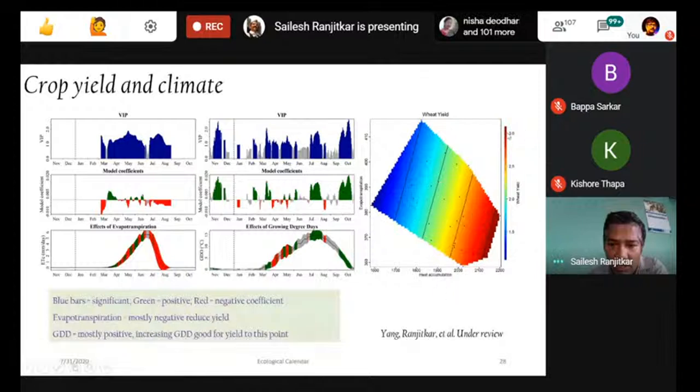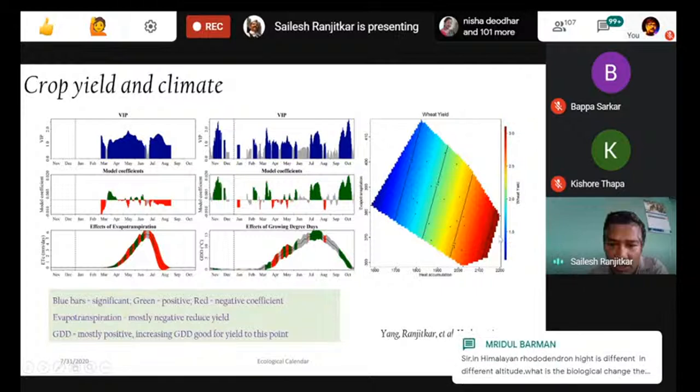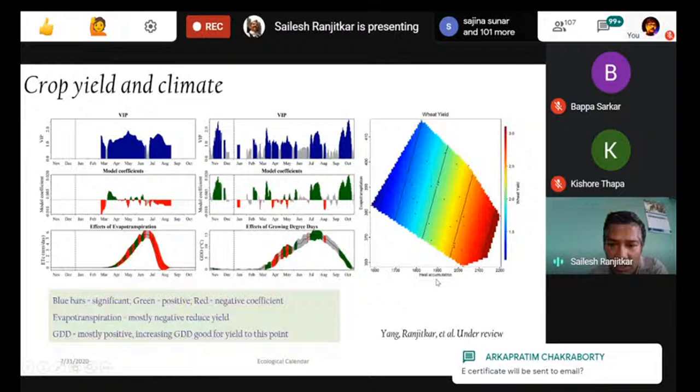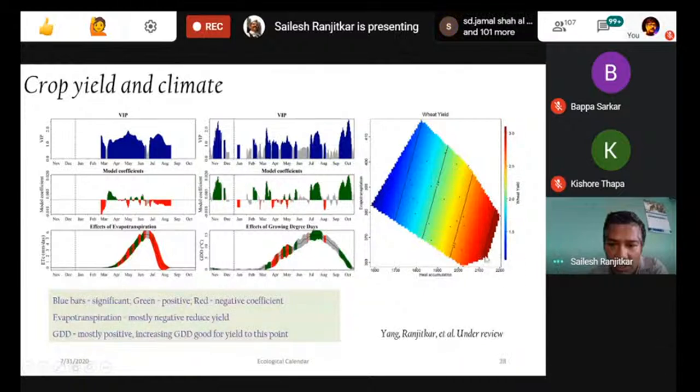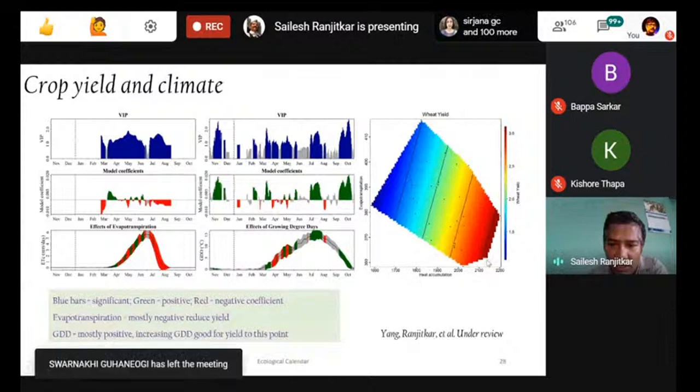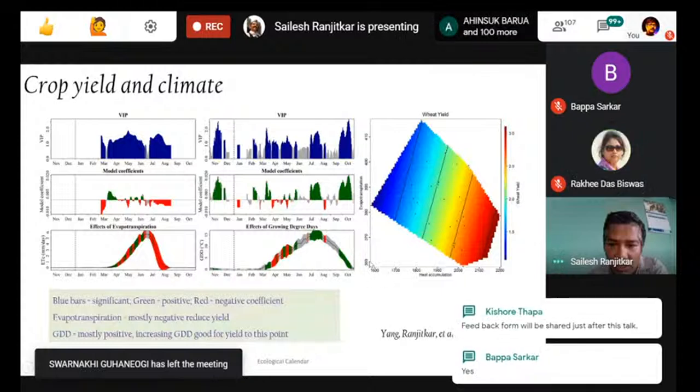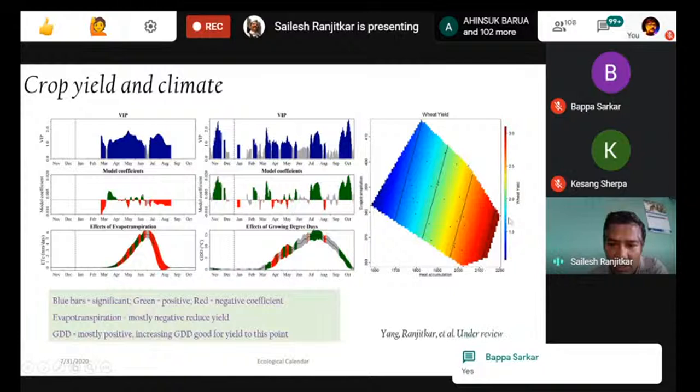Similarly, here we plotted the wheat yield that we collected from the last 25 years against evapotranspiration and heat accumulation. It shows that around this point, at around 2100 degrees Celsius heat accumulation and lower evapotranspiration, yield could be very high.